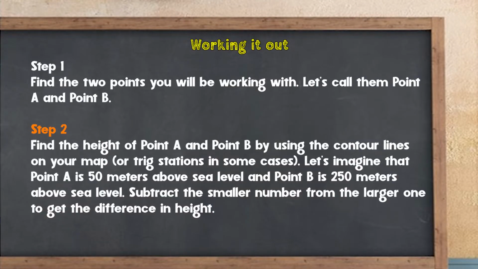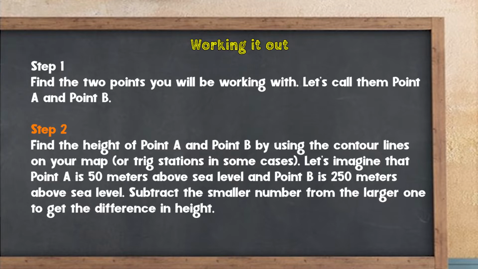Now, the next thing you do is find the height of point A and point B. To do this, use the contour lines on your map or trig stations in some cases. So let's imagine that point A is 50 meters above sea level, and point B is 250 meters above sea level as well.